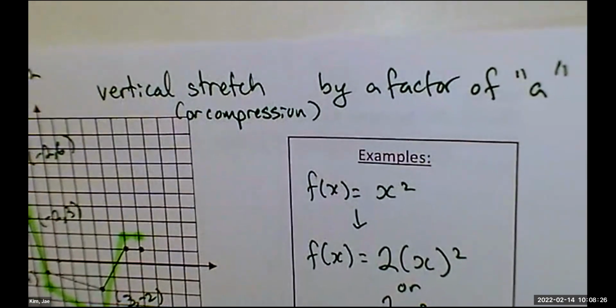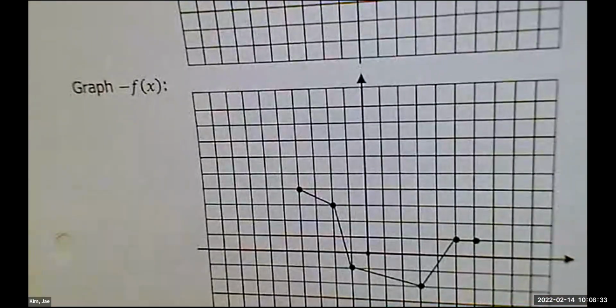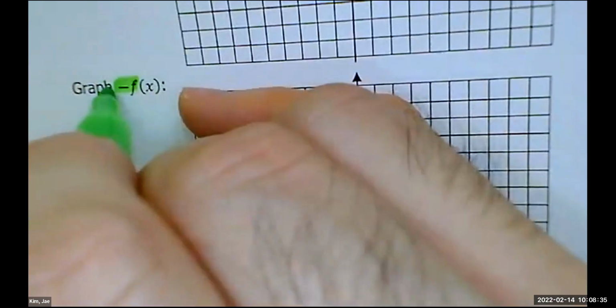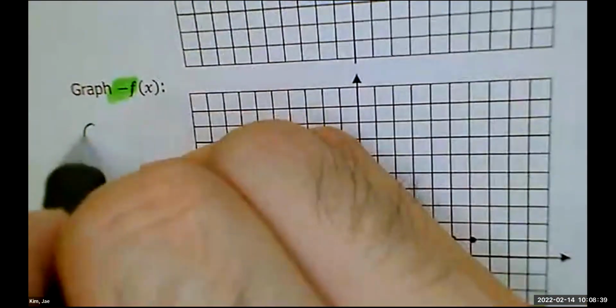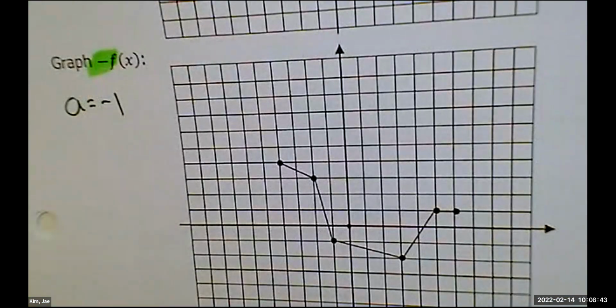Let's do it one more time. Here's an interesting one. What's my A value here? Yep. It's a -1. My A value in this case is negative. So every single Y value is going to be multiplied by a -1.